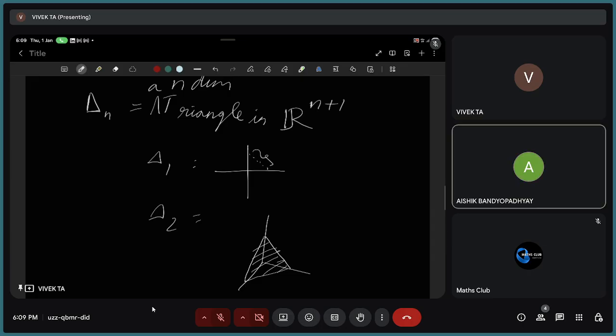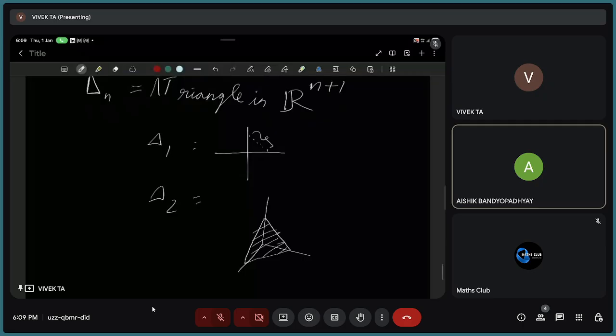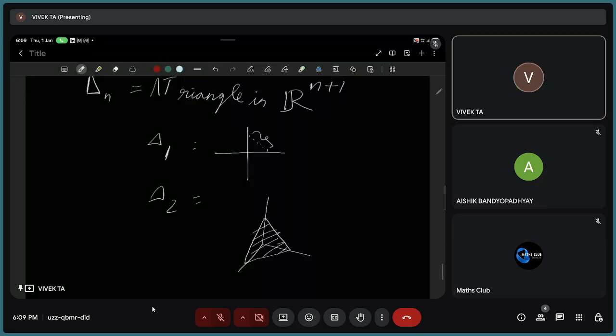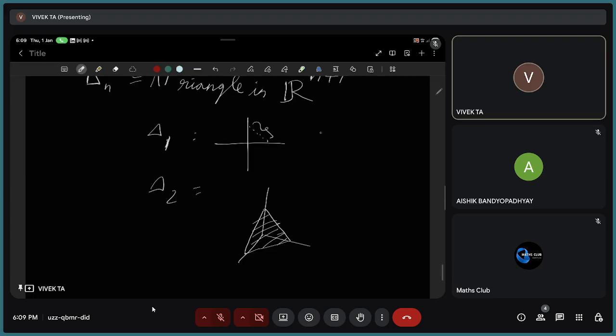I'm not sure. I mean, how do we define the triangle? It's defined in the visual way only. Mathematically speaking, it's just the set of coordinates such that summation xi is equal to 1 and the xi's are greater than or equal to 0.